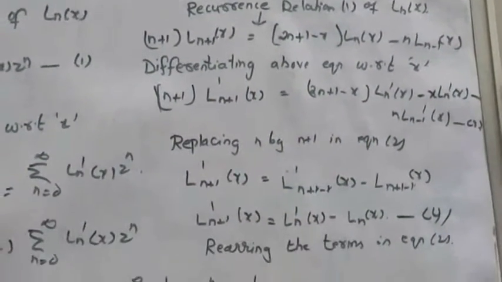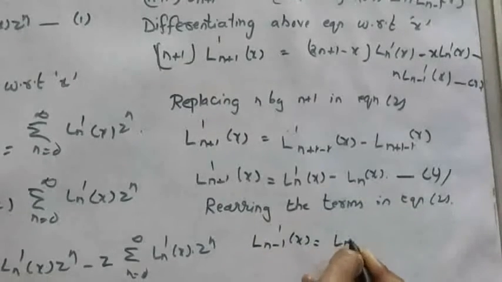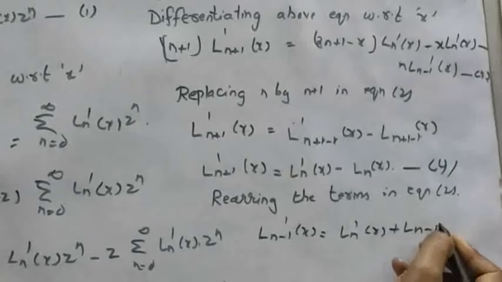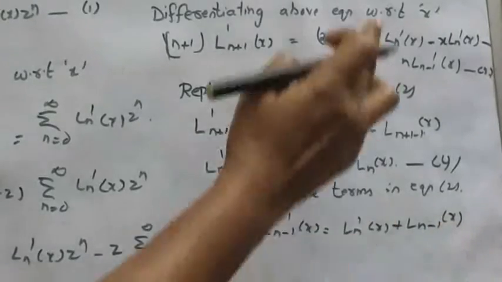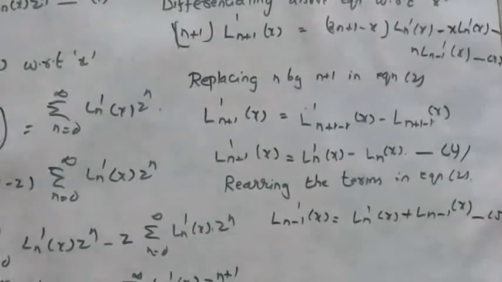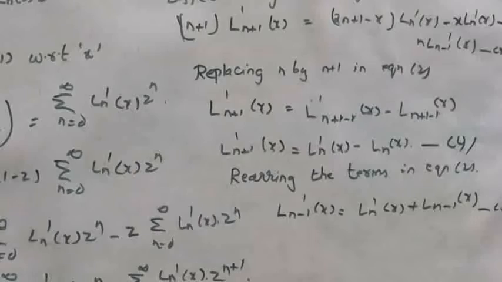So Ln minus 1 dash of x can be written as Ln dash of x plus Ln minus 1 of x. Just I have sent this term to the LHS, so it becomes a plus term. Consider this as equation number 5. Now we got Ln minus 1 dash of x.